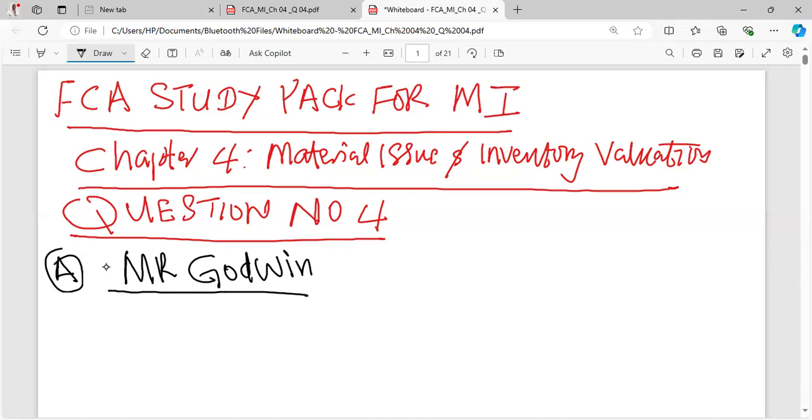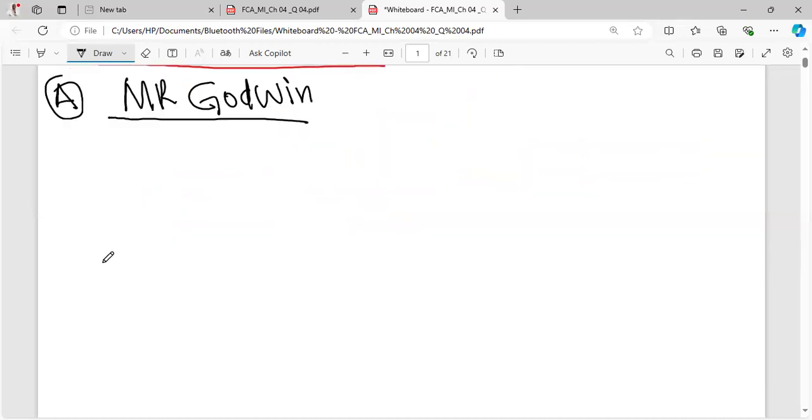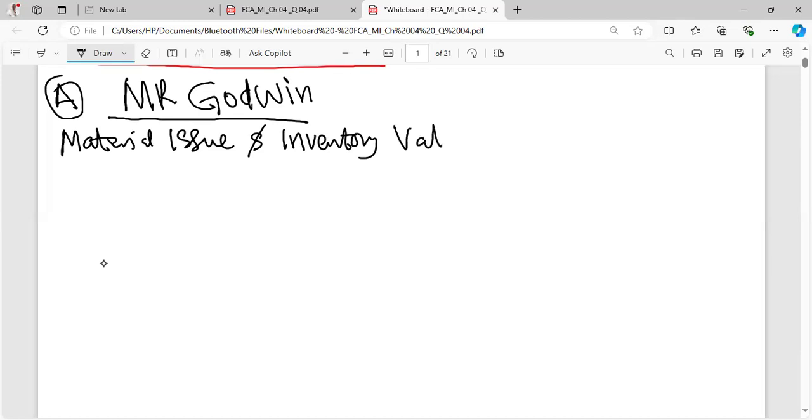Then we have to find the inventory valuation. Say material issue and inventory valuation.